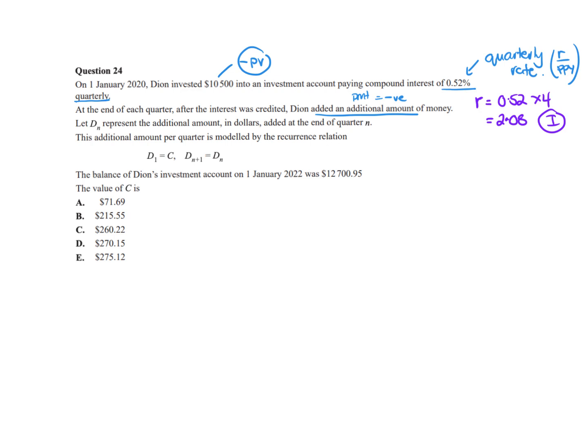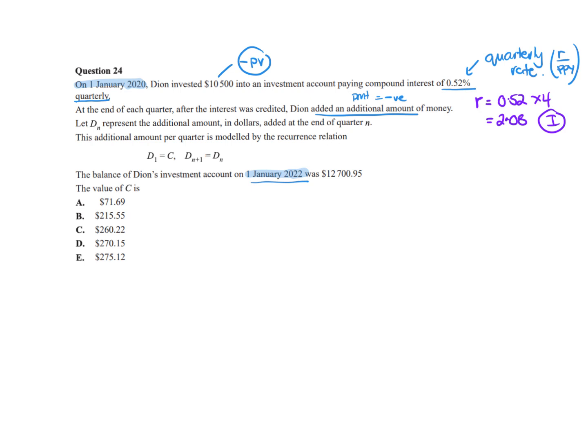So they said that every time he adds a new amount in plus the interest. So it says the balance of Dion's investment account on January the 1st, 2022. So we've got a bit of a time period here. He started on 2020 and then January 22, and remember it's quarterly.